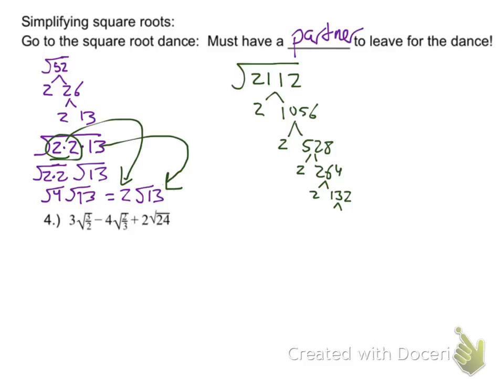66. And so, what is 2 and 66? 66? And then 33. 2 and 33? And then you're done. Yep, you're done. No. 3 and 11.